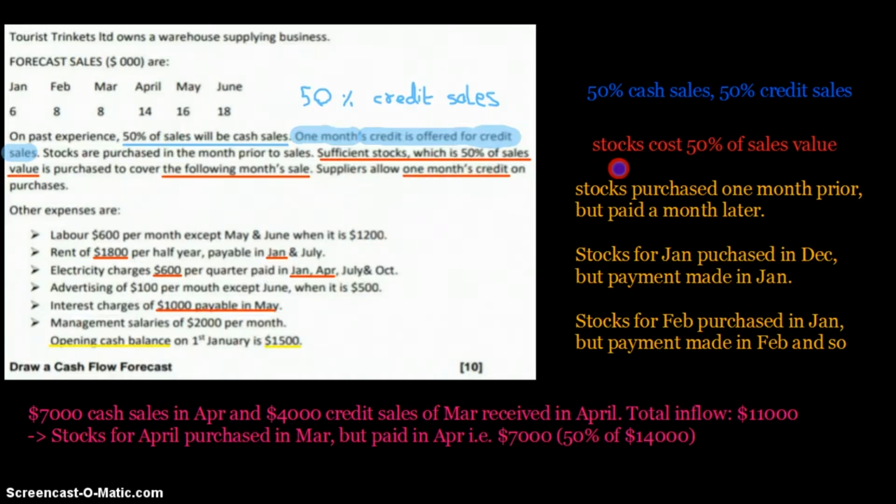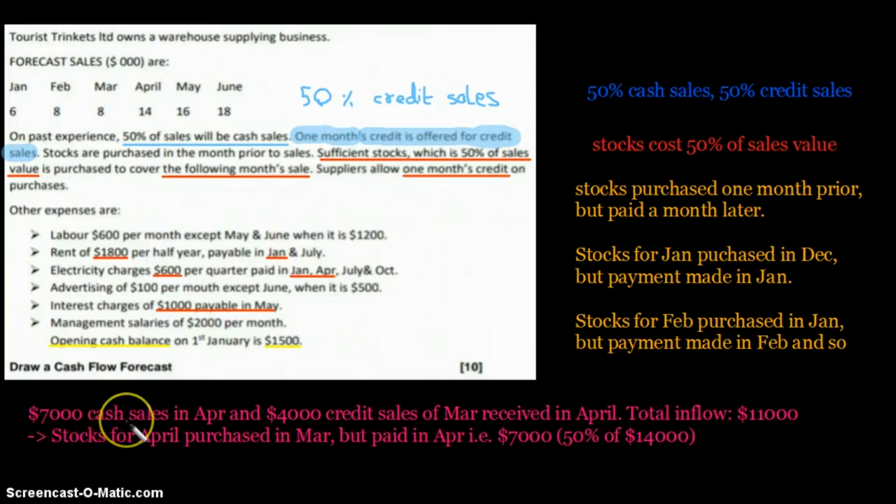The information they have given is that stocks are purchased 1 month prior but paid a month later, since suppliers allow 1 month's credit on purchases. So for example, stock for January is purchased in December, but the payment is made in January only. Stock for February is purchased in January, but payment is made in February, and so on.